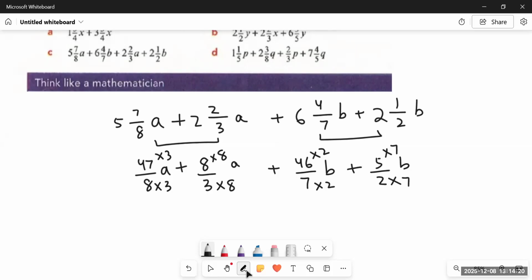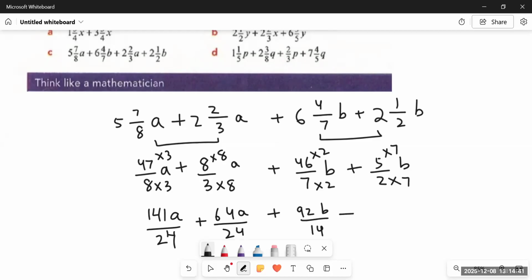So first we will multiply 47 by 3, that's 141a over 24 plus 64a over 24, right? Here we will have 46 into 2 and that's 92b over 14 plus 35b over 14.